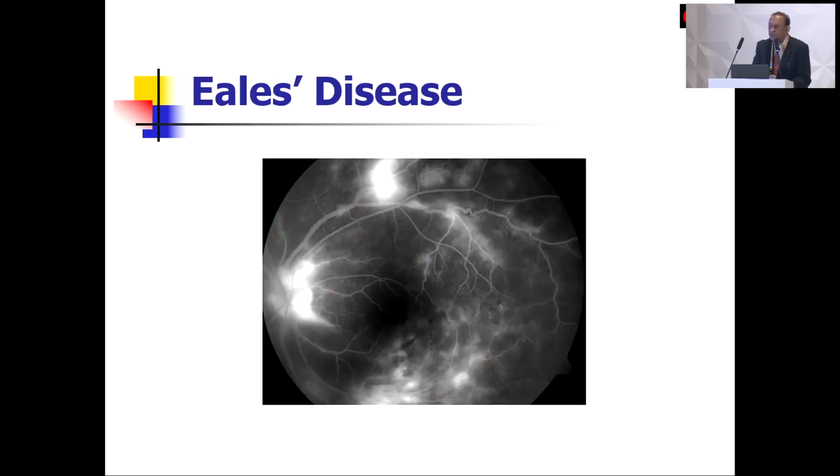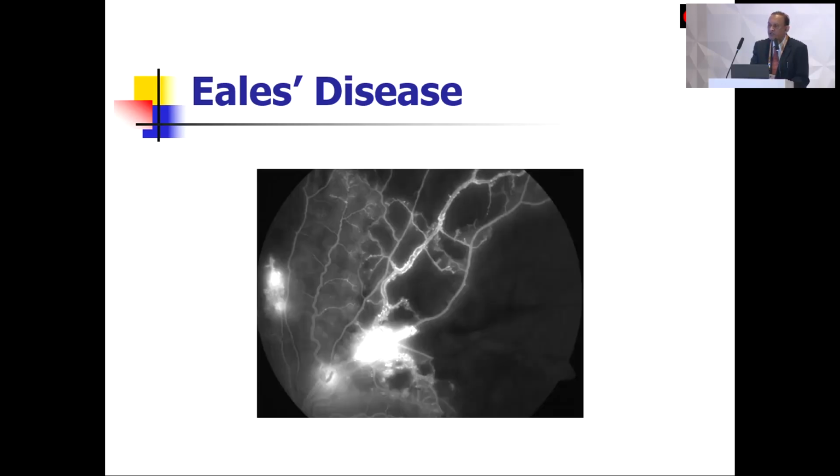Now, the lesions show up very well on fluorescein angiography, and here you have a confluence of inflammation and vascularization. You have an NVD, a neovascularization of the disc, an NVE, and associated leakage of the dye from retinal periphlebitis.